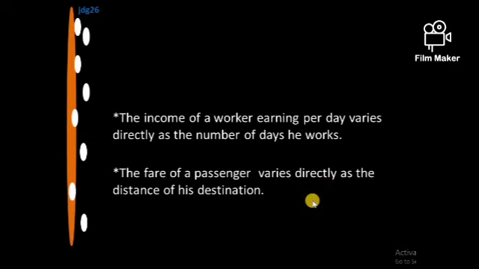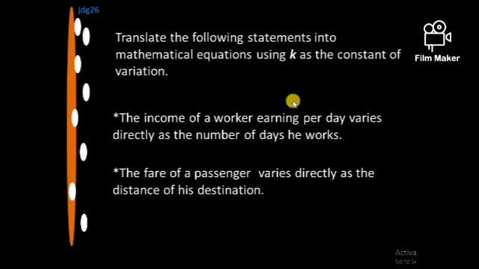Okay, so what if i-convert natin ito into mathematical equations using k as the constant of variation? So gagamit tayo ng mga letters. Unahin natin yung first situation. The income of a worker earning per day varies directly as the number of days he works. So alamin natin yung mga quantities na pwede nating i-represent na letters.